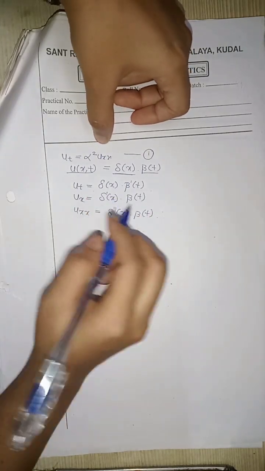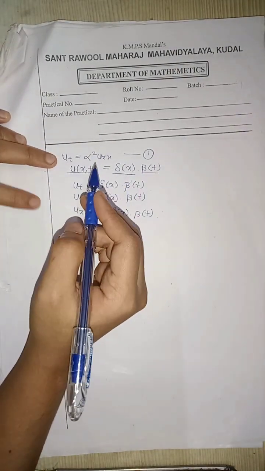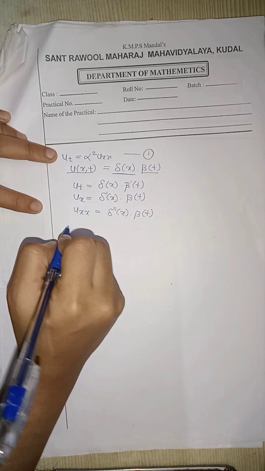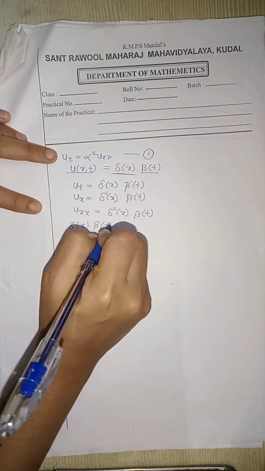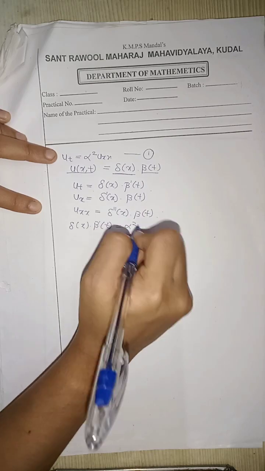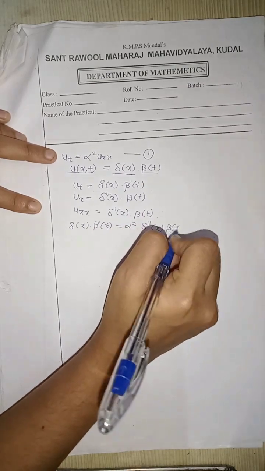Okay, so now substituting all these values in the given heat equation, you will get delta x into beta dash t equals alpha square delta double dash of x into beta t.